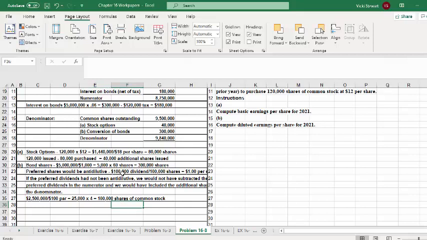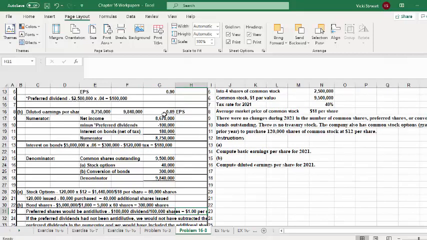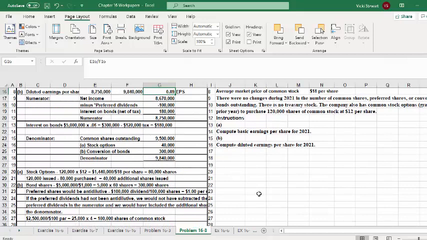So if we divide the numerator, $100,000, which is the dividend that we would save, by the additional 100,000 common shares, we get $1 effect for the preferred stock. $1 is more than our current earnings per share of 89 cents. So that means that if the preferred stock were converted, earnings per share would go up instead of down. So the preferred stock is anti-dilutive because it would make earnings per share go up.